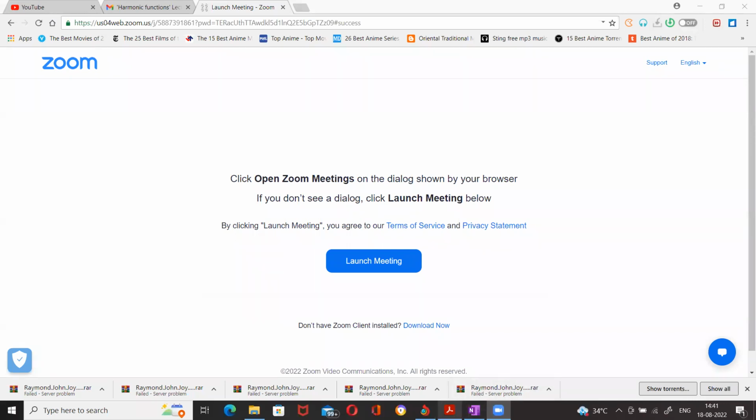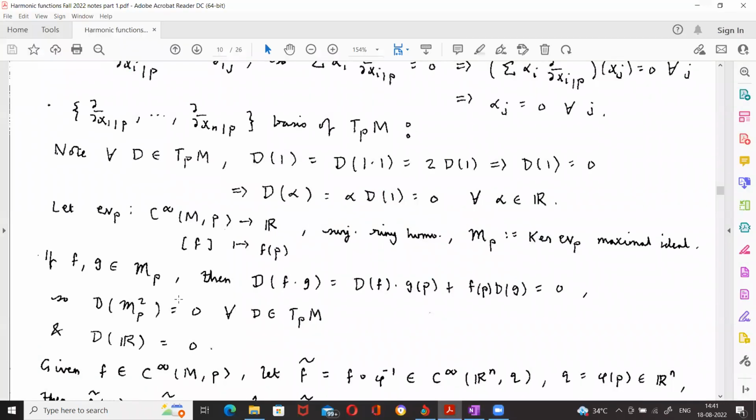Okay. So, all right. So elements of the tangent space vanish on the square of this maximal ideal. The square of the maximal ideal, you think of as functions which are second order near P, right? Which vanish to second order near P. And any element of the tangent space vanishes on the constants.